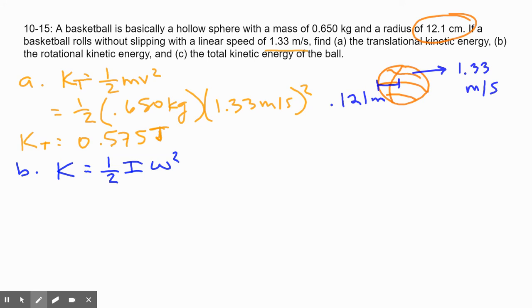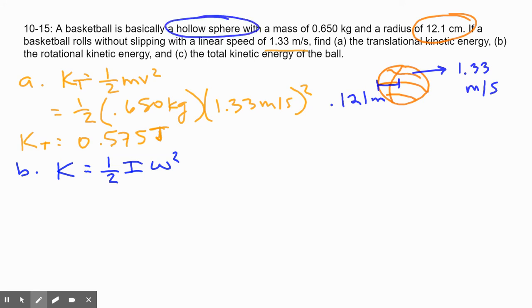Okay, well, we don't have the inertia and we don't have the angular speed. So we need two different things here because we only know the linear speed. If we do not have the information we need to find it, we can just substitute the appropriate formulas in.